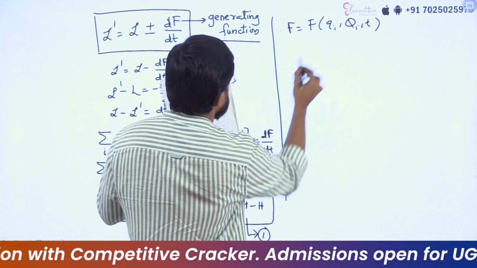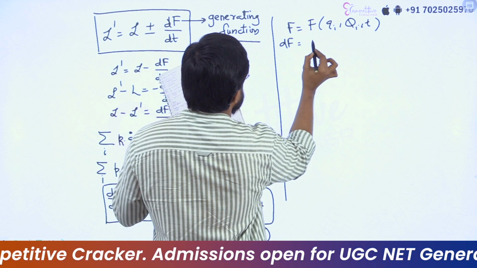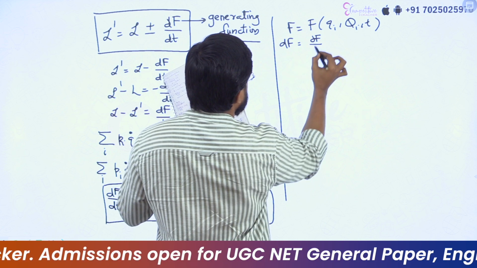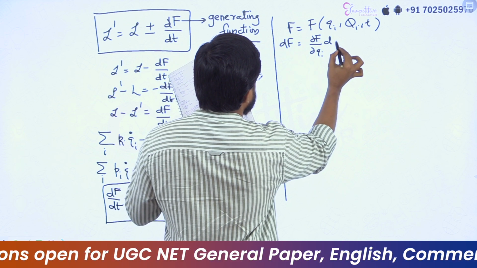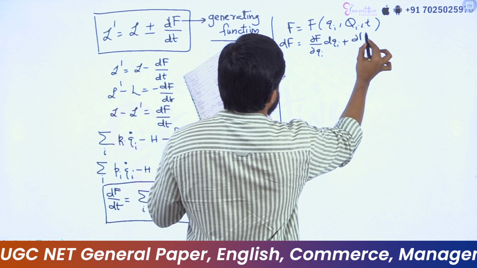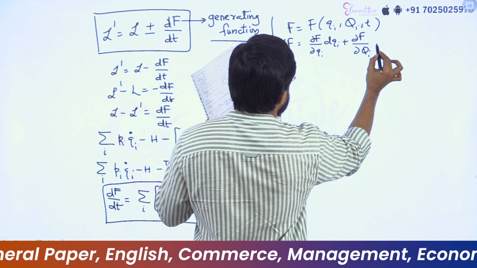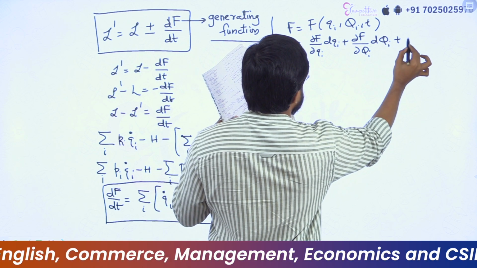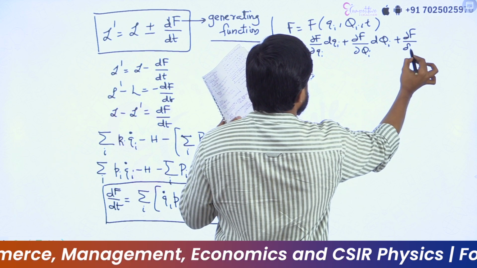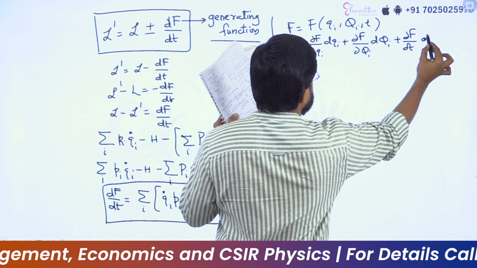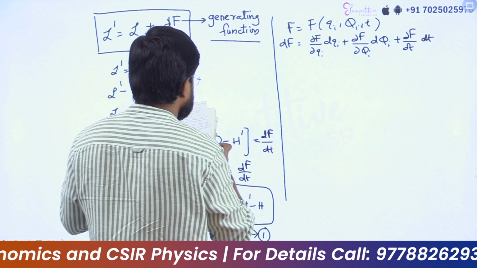So what is dF? dF is equal to dou F by dou qi into dqi, plus dou F by dou capital Qi into dQi, plus dou F by dou t into dt.